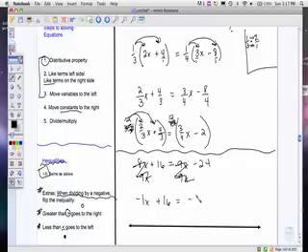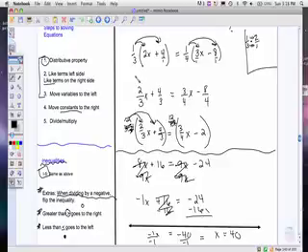Move my variables to the left. Move my constants to the right. And divide by negative 1.